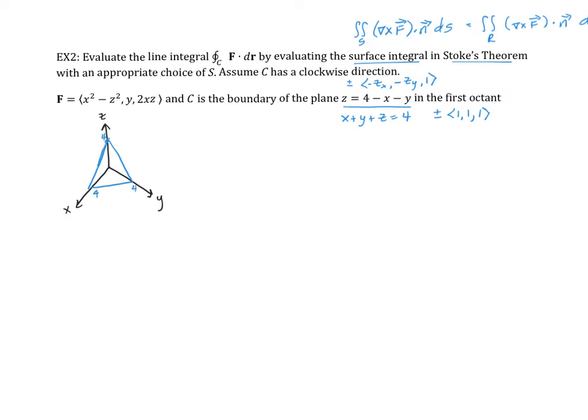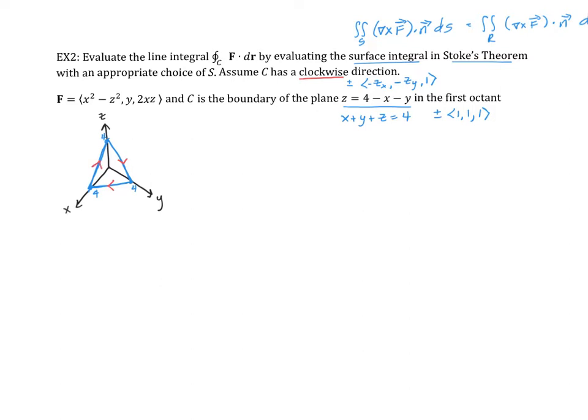So these all intersect the axes at 4. And since this is my curve, and the orientation is clockwise, I've got to be careful because that's not the usual way our curves are generated. Since it's clockwise, it's going to go around this way. I'm going to add some arrows in.